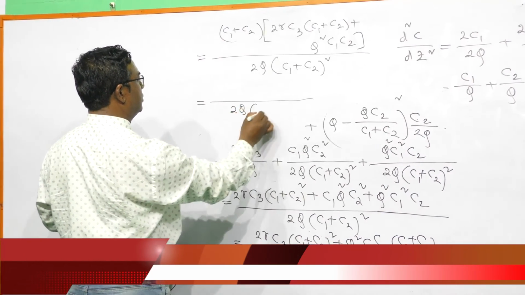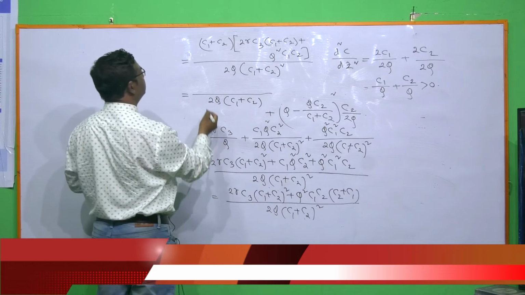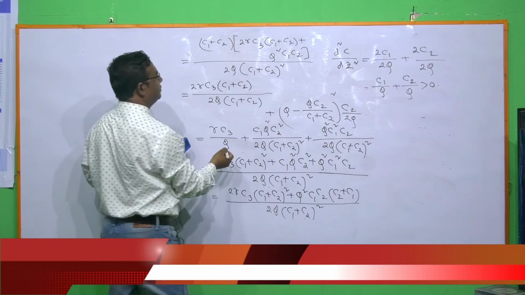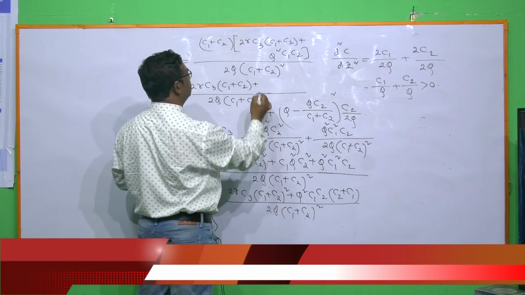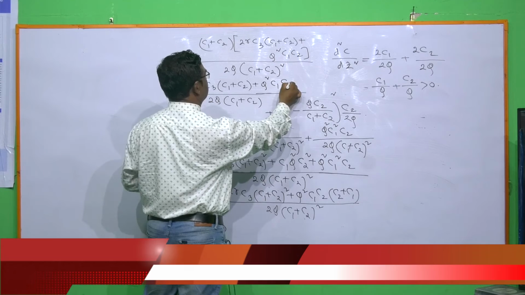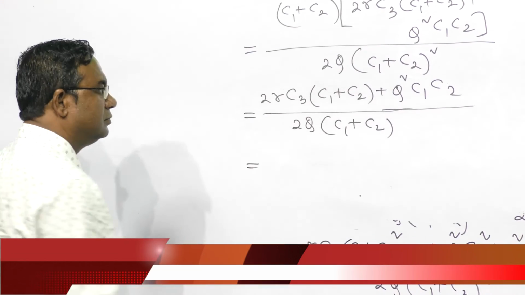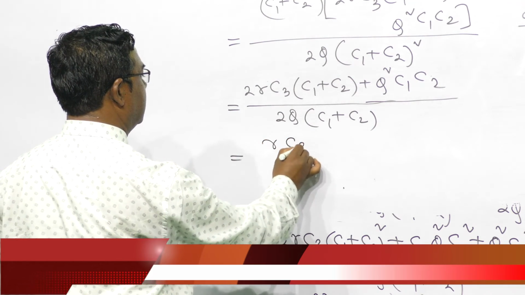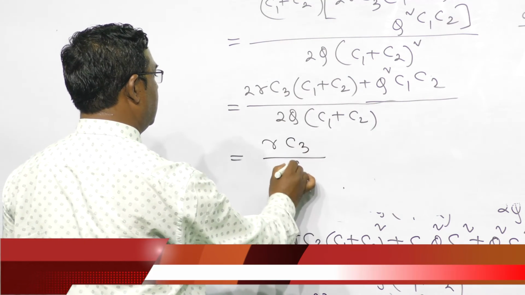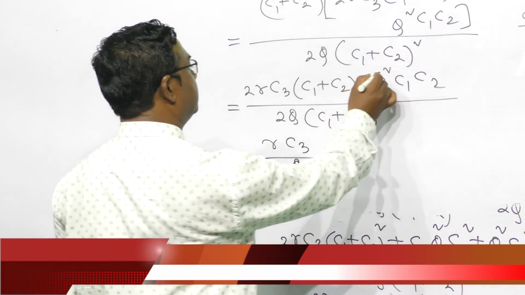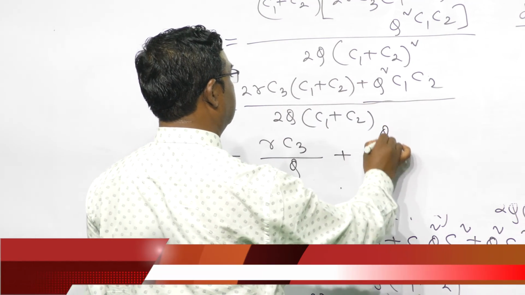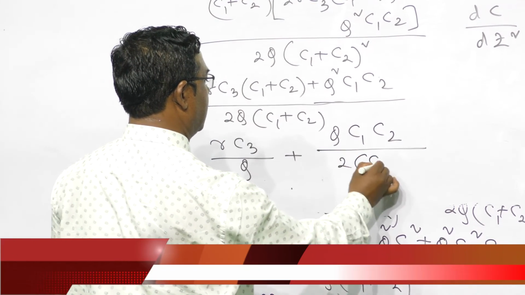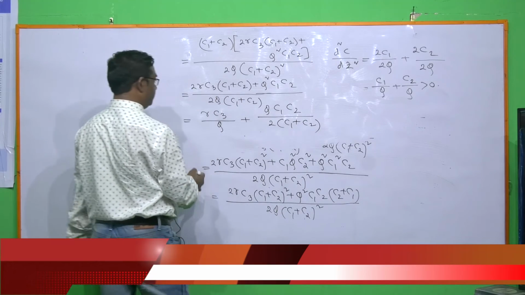This is twice RC3 (C1 plus C2) plus Q square C1 C2 divided by twice Q (C1 plus C2). Separating out, 2 cancels, so RC3 by Q plus Q C1 C2 by twice (C1 plus C2).